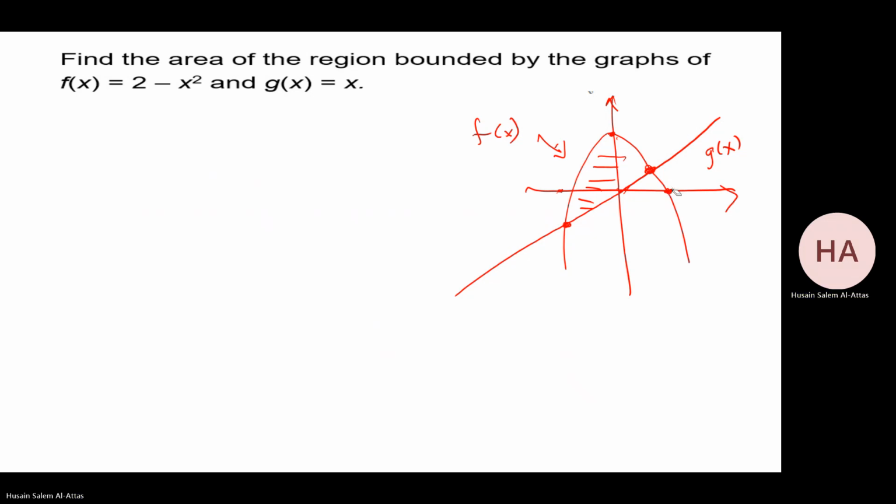I need it up to here and up to here. So I need the intersection points.